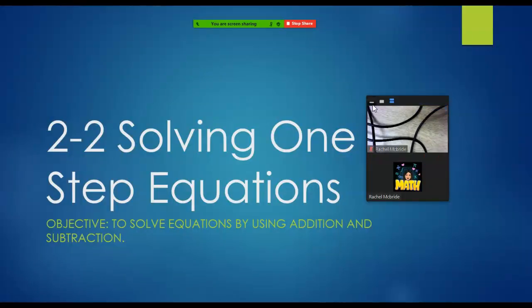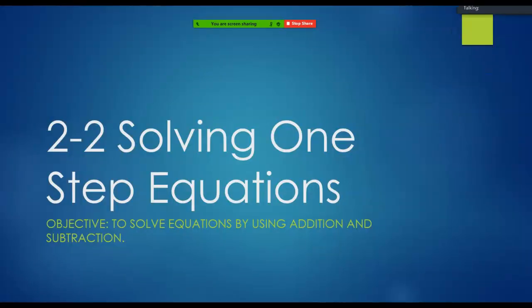Alright, so as I previously mentioned, we are moving on in Chapter 2. We are now looking at Section 2.2, which is solving. So in Chapter 1, a lot of what we did was simplify. So we did substitution, we looked at graphing, we talked about linear versus nonlinear.